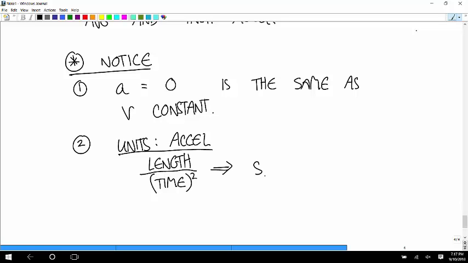And so the SI units are meters per second squared. Any questions about that?